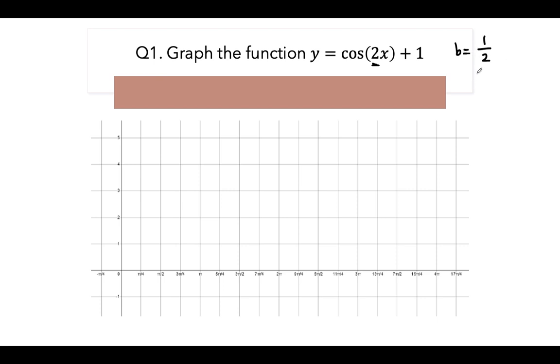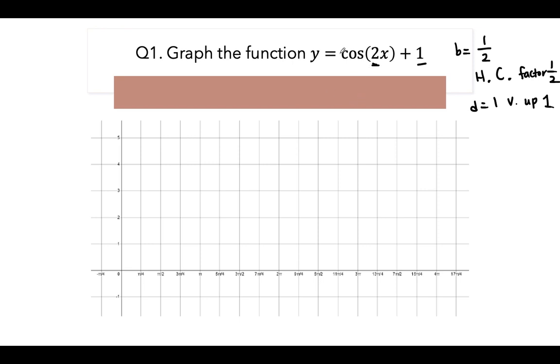So that means we have a horizontal compression by a factor of 1 over 2. And then this 1 represents the D value, which is 1. So it means we're going vertically up by 1 step. Okay, that's it. Now let's find the characteristics of the graph.